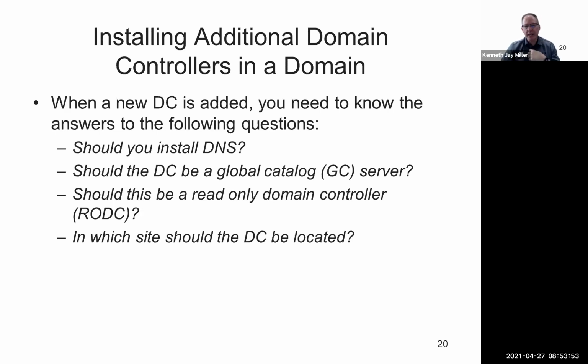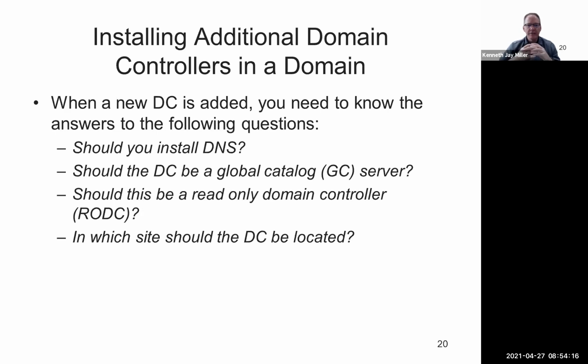Should it be a global catalog? And the answer to this typically is yes, unless you want to minimize the amount of traffic between those 2 servers. So this may be an instance where you have to consider the bandwidth of the network in between those 2 servers.